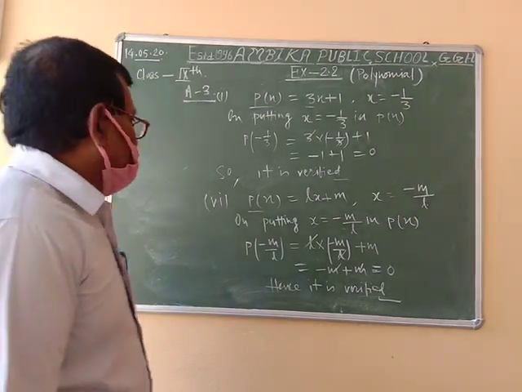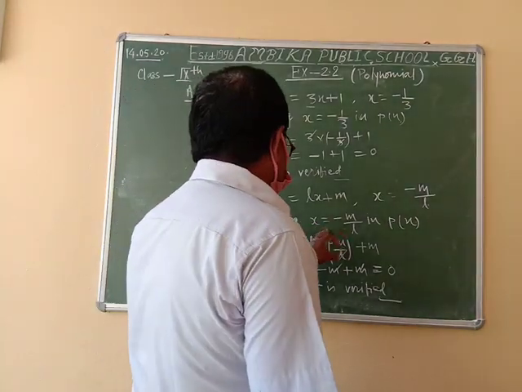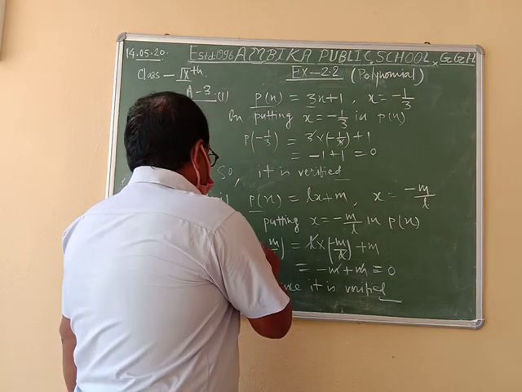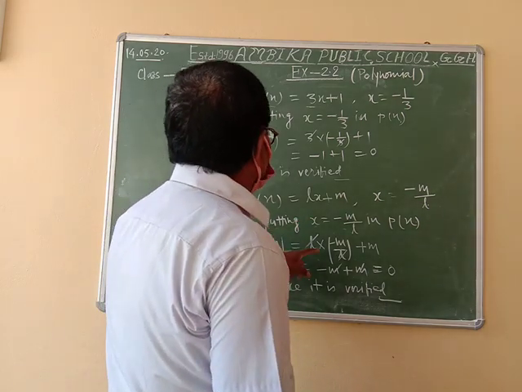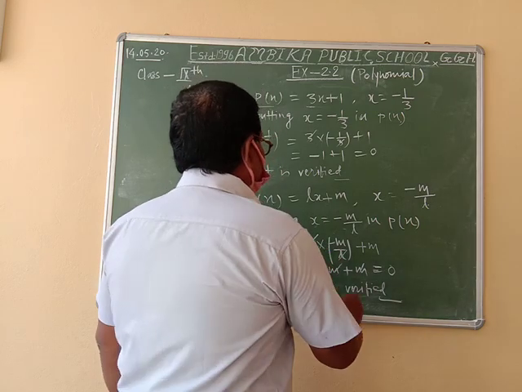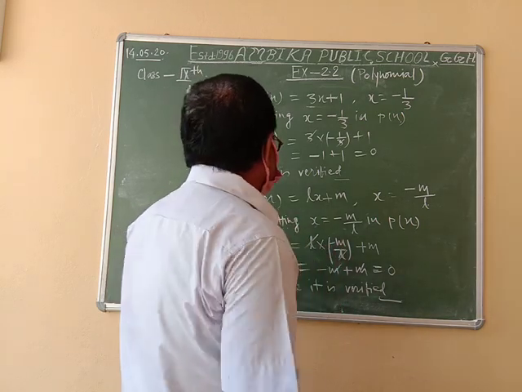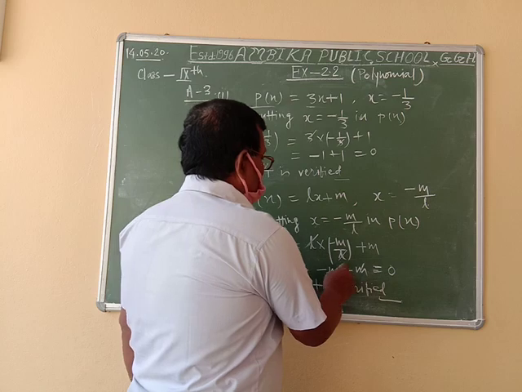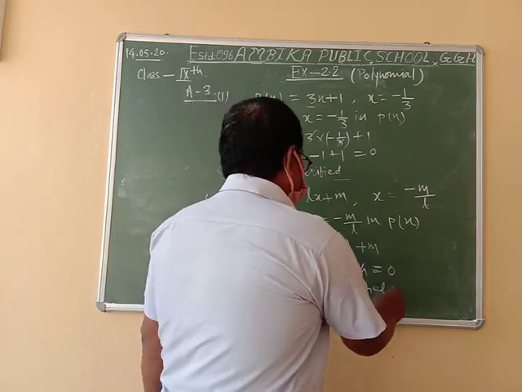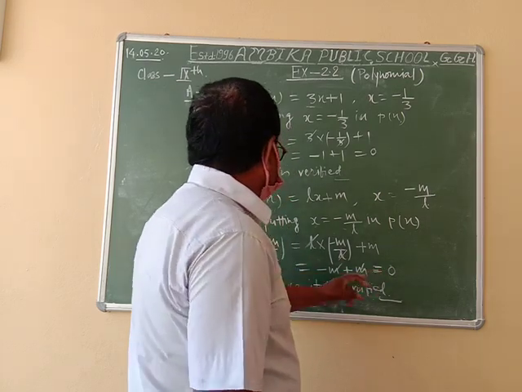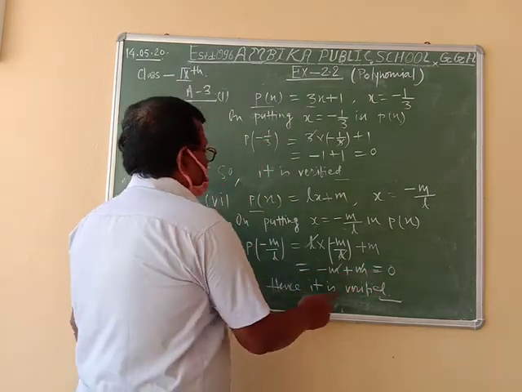We put the value of x in p(x), then p(minus m by l) is equal to l into minus m by l plus m. L cancels, is equal to minus m plus m is equal to 0. Hence it is verified. If that will not be 0, then it will not be verified.